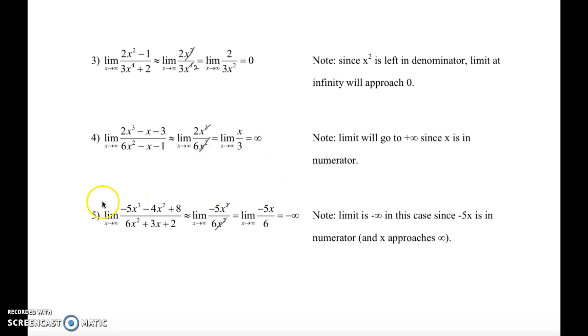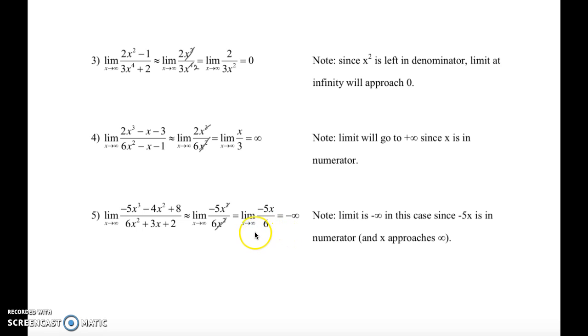All right. Now, if we look at number 5, we have kind of the opposite effect going on here. We have a negative in the top. So we have negative 5x cubed minus 4x squared plus 8 divided by 6x squared plus 3x plus 2. If we look at those front two terms, the x cubed and the x squared term, we have negative 5x on the top and 6 on the bottom.